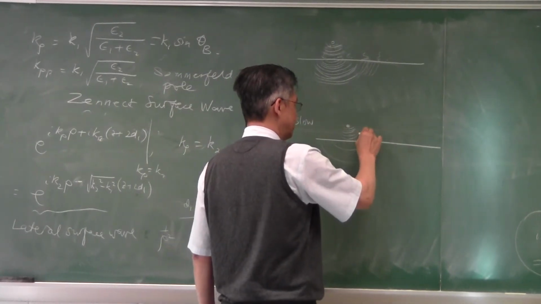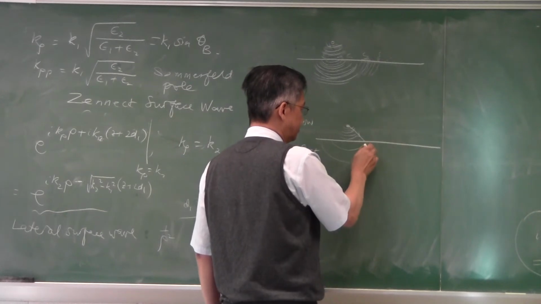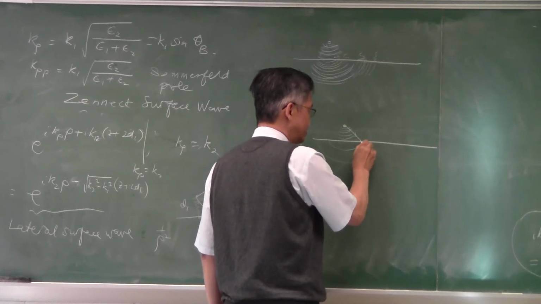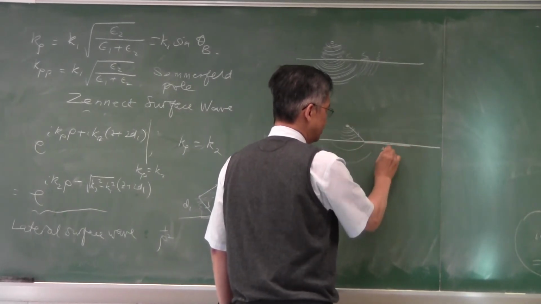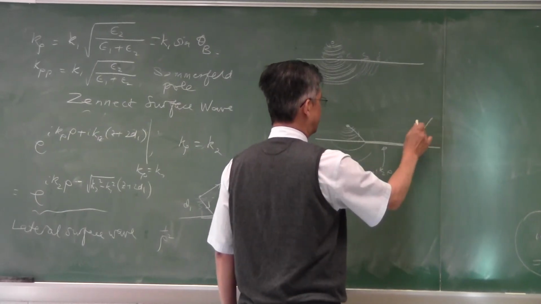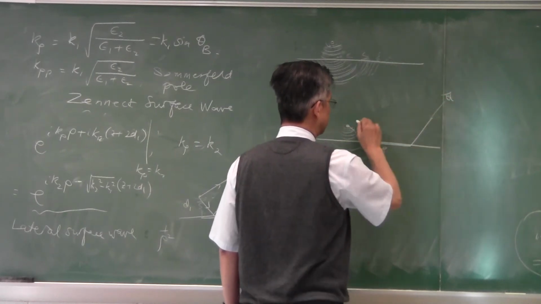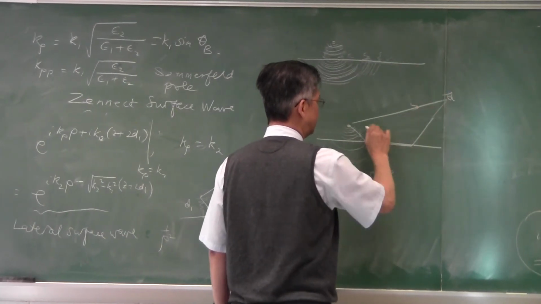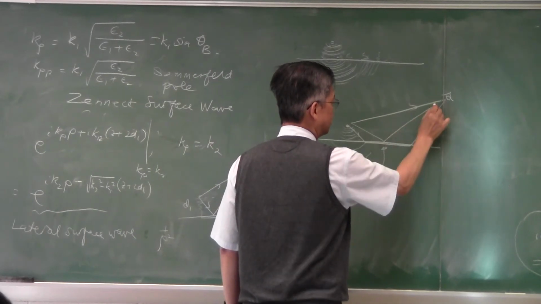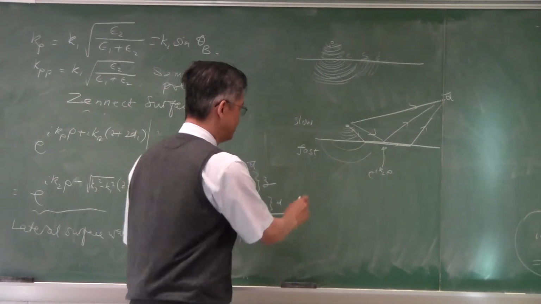So this corresponds to a wave that can reach the observer without being evanescent in region 1, because this is e to the i k2 rho kind of behavior, reaching the observer in this manner. Okay? So here are 3 ways that a wave can reach the observer in an acoustic medium.